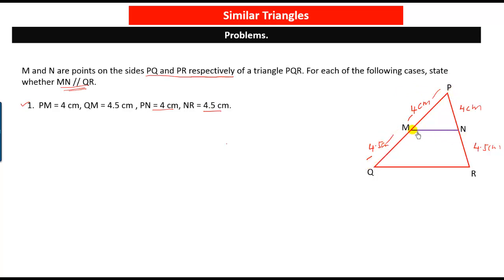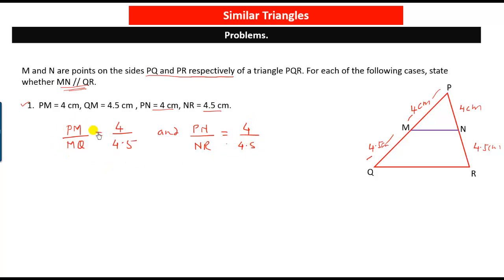These two lines MN and QR will be parallel when PM upon MQ is equal to PN upon NR, by the converse of basic proportionality theorem. So we find PM upon MQ equal to 4 upon 4.5, and PN upon NR equal to 4 upon 4.5.